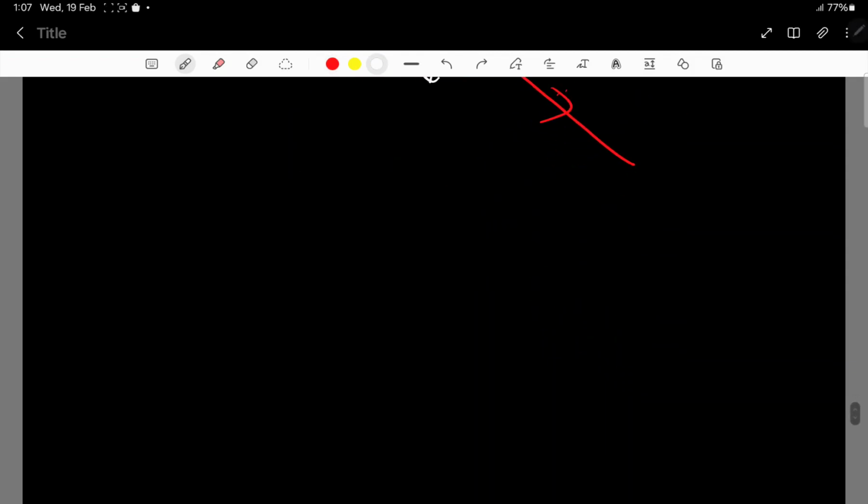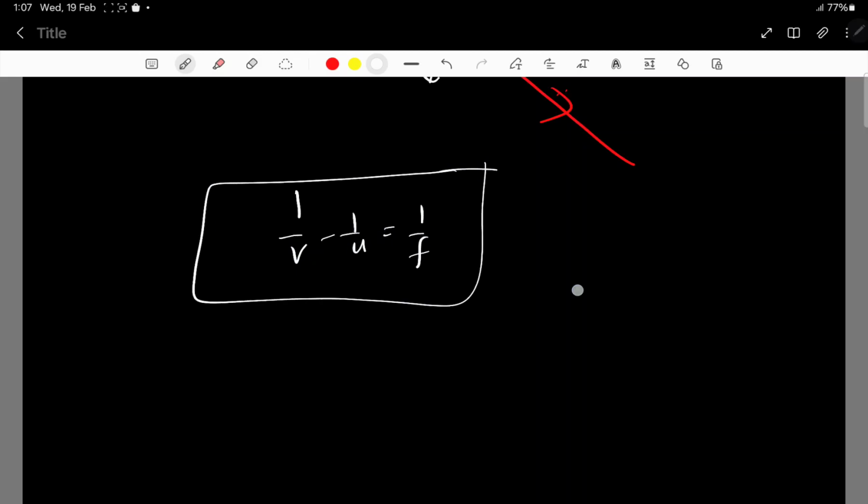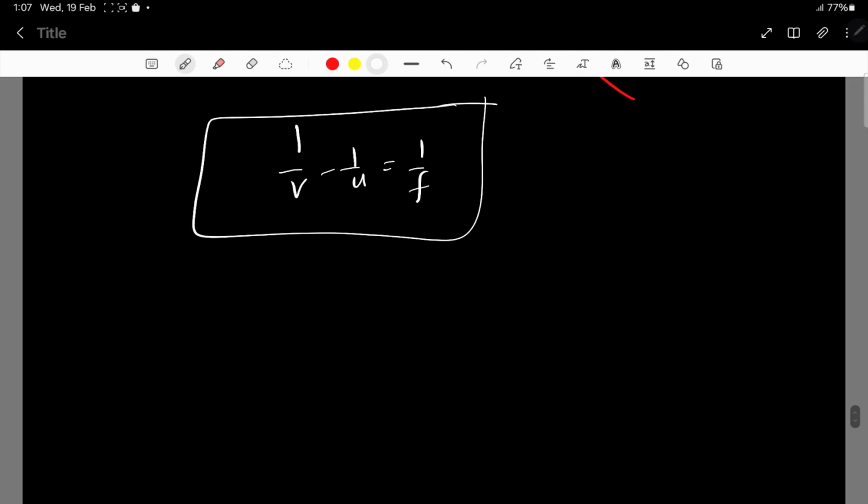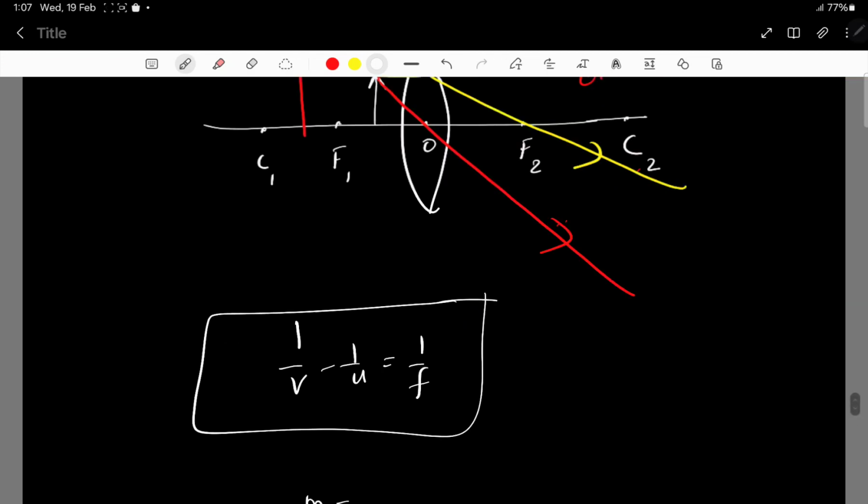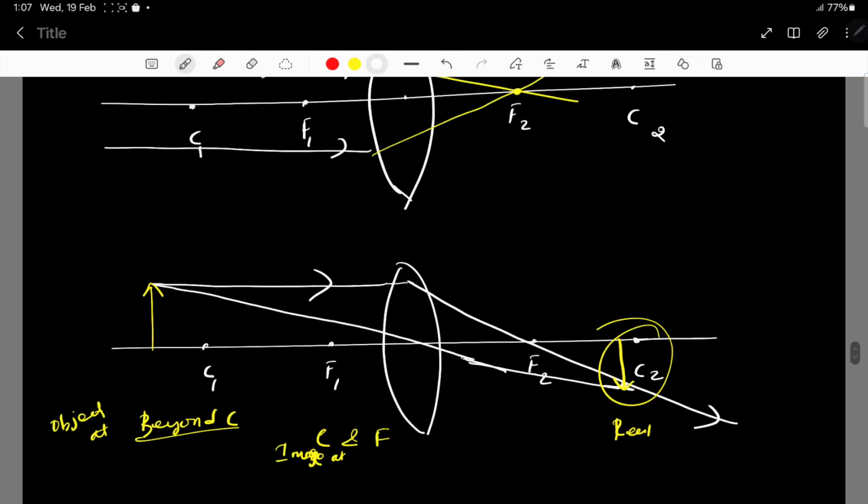So this is the lens equation, right? 1 by v minus 1 by u equals 1 by f. Out of this equation, you are able to get the magnification relationship also. Generally, magnification means we are comparing the size of the image with the size of the object.